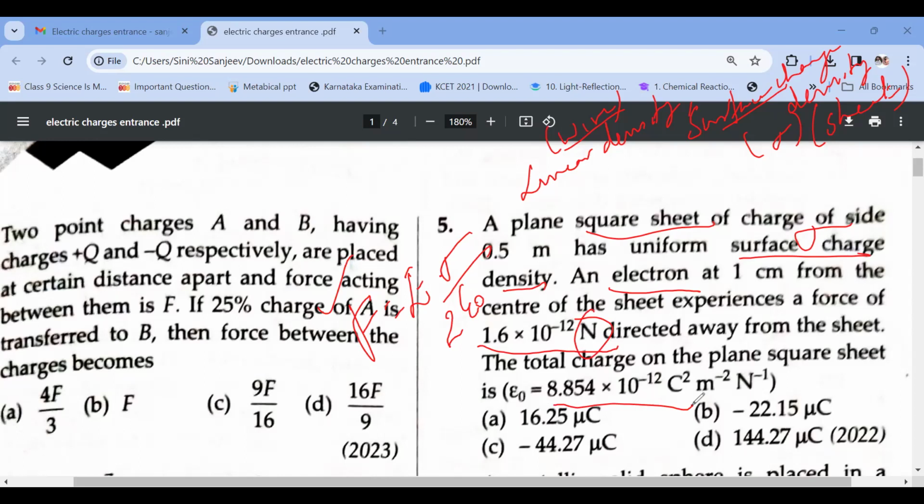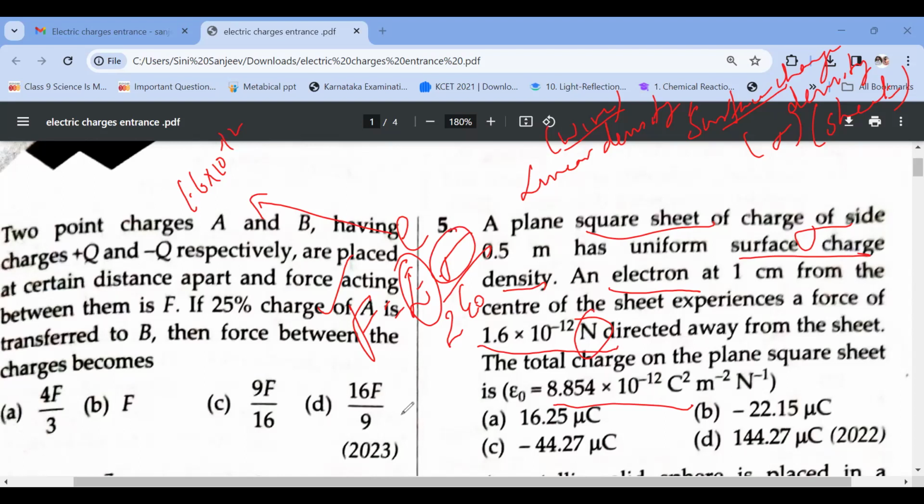And what is this E basically? This is the electron charge. F is equal to E sigma by 2 epsilon naught. What is the electron charge? 1.6 into 10 power minus 19. So everything is given in the question. I have to find sigma.